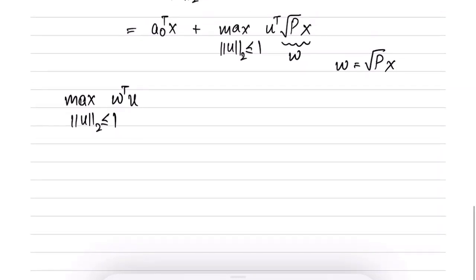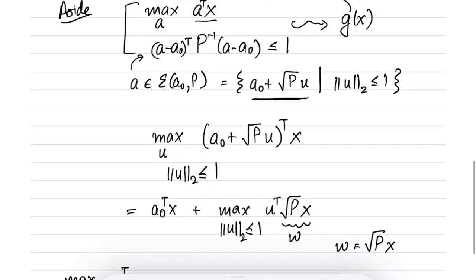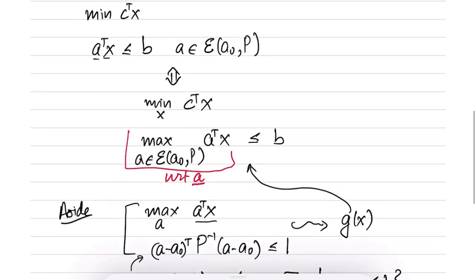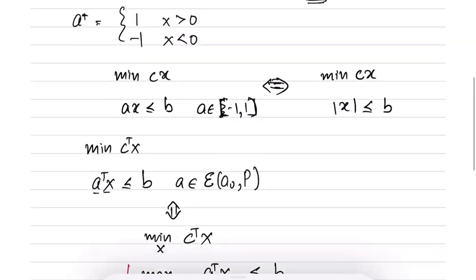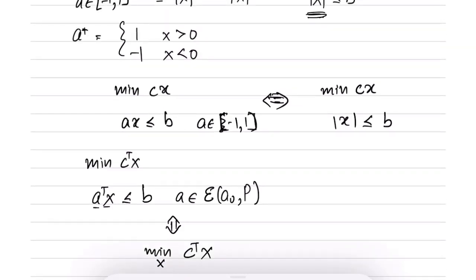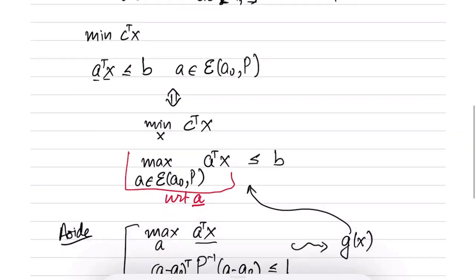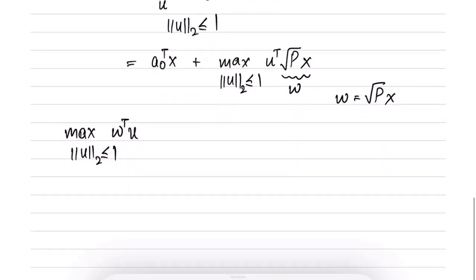We can use a similar idea as earlier to maximize this w transpose u. Earlier we were saying that a times x was maximized whenever a star was 1 whenever x was positive. So basically a star was in the direction of x. In the same way, we can assume here that u is equal to alpha times w.